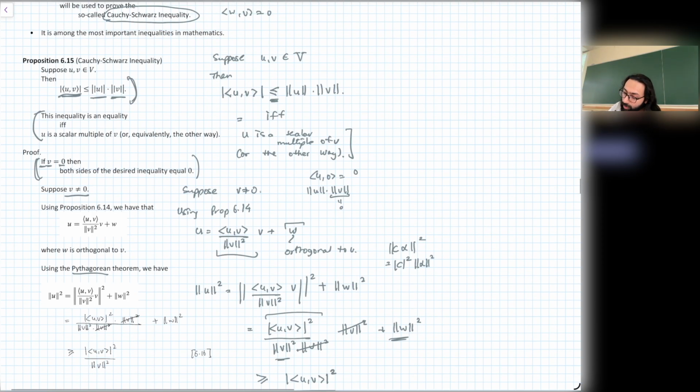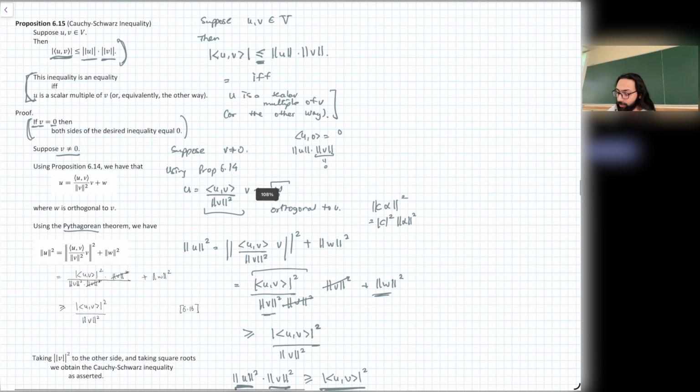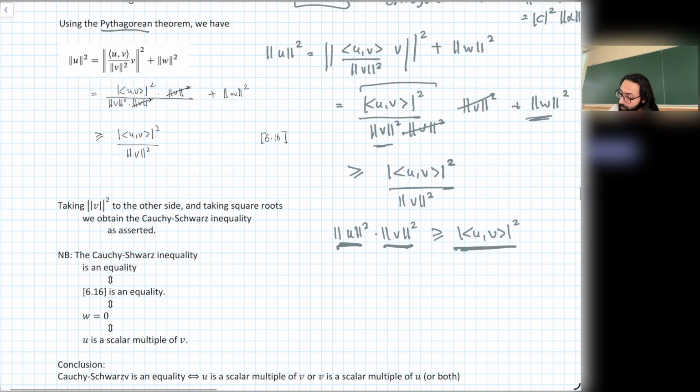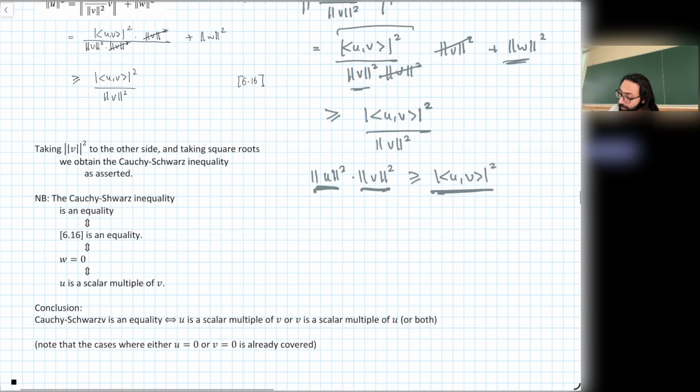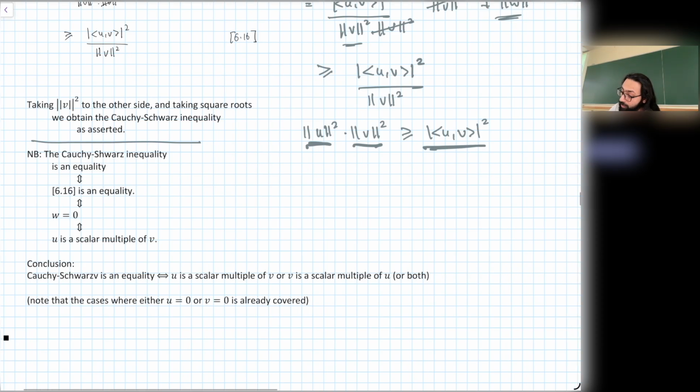We still have to show the conditions about equality, when the inequality becomes an equality. So let's see how to show that. But before we do that, any questions about the first part? Is it making sense? Is it clear? Okay. All right. So now let's see how to show the equality aspect. So this part we are done with.